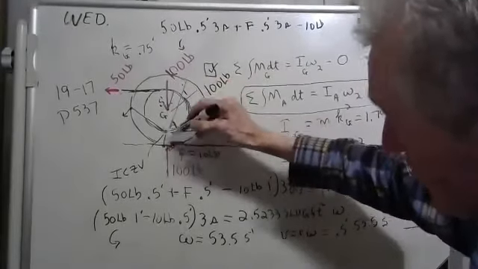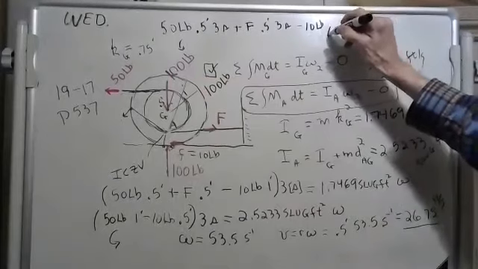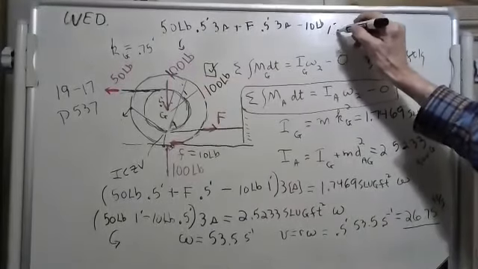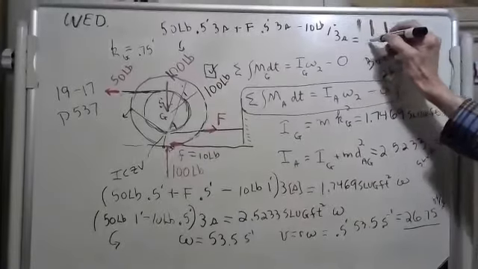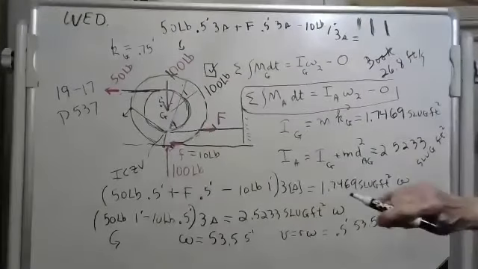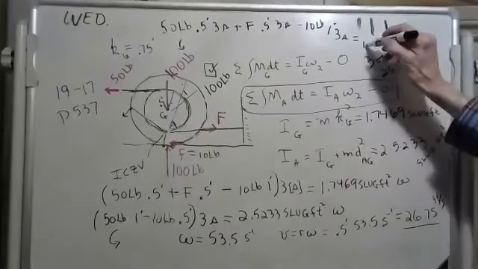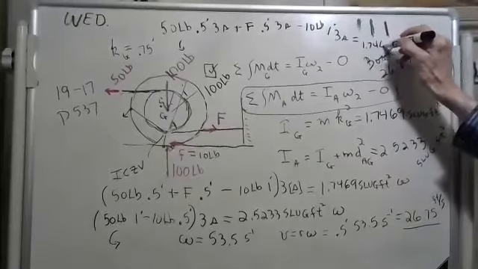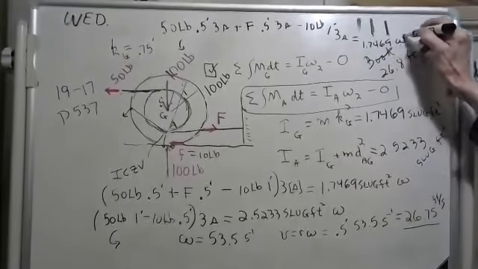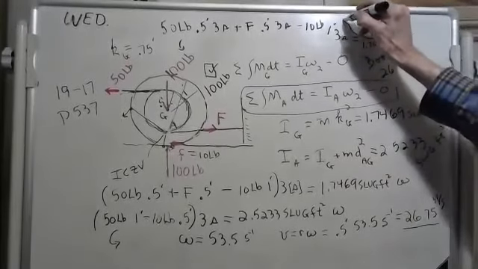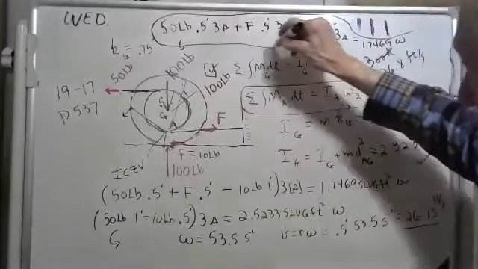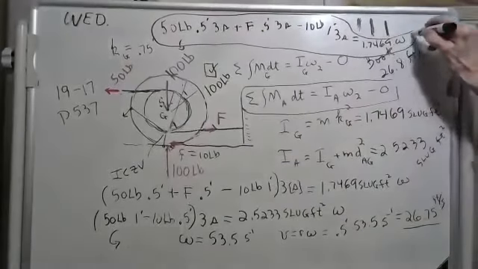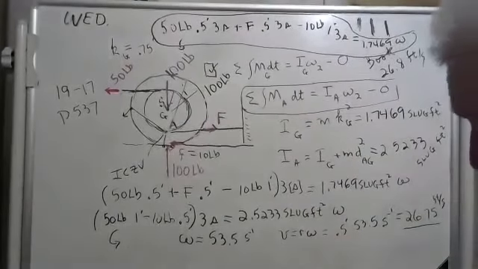From here all the way to the bottom, it's 1 foot times 3 seconds equals 1.7469 omega. And here's your equation. But the doggone thing is, do we have this big F? Uh-oh, we don't have the big F.